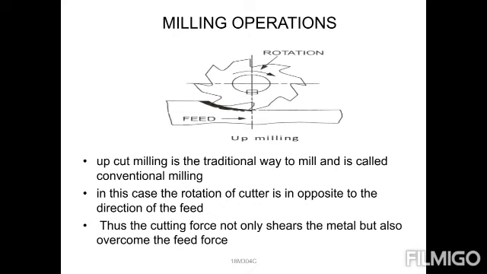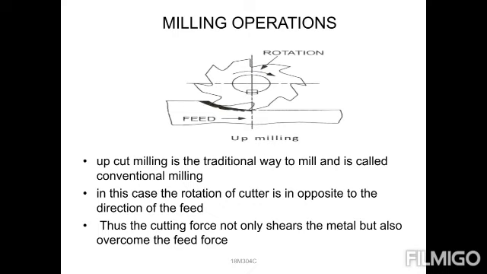What you need to observe is in which way the feeding of the workpiece is provided and in which direction the cutting tool rotates. In upcut milling, the feeding is always against the cutter. By feeding the workpiece against the cutter, the material is removed in the opposite direction.